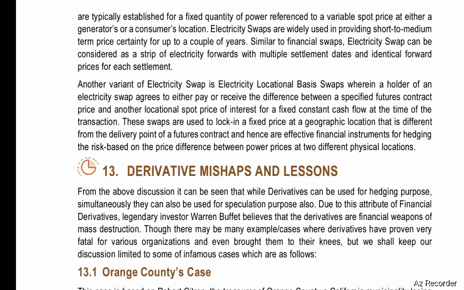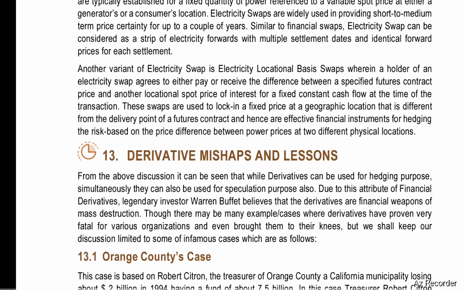Another variant of electricity swap is the electricity location basis swap, wherein a holder of an electricity swap agrees to either pay or receive the difference between a specified futures contract price and another locational spot price of interest for a fixed contract cash flow at the time of the transaction.